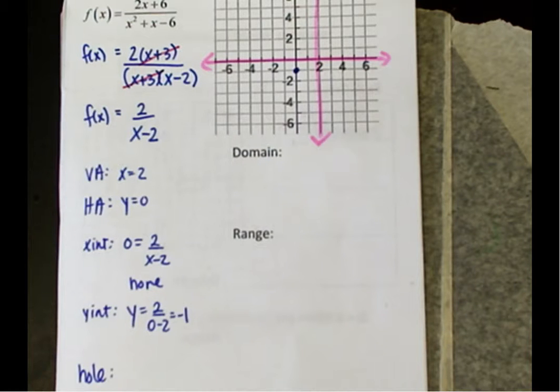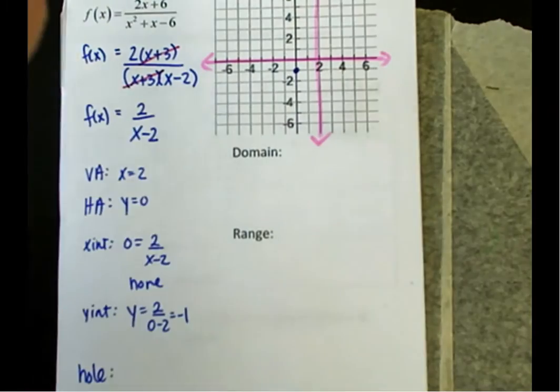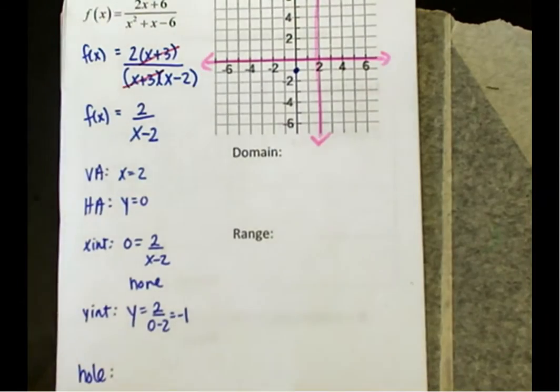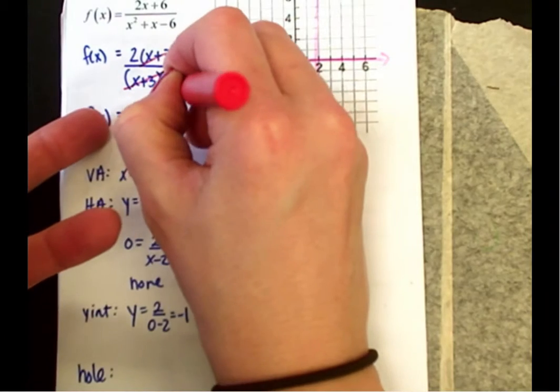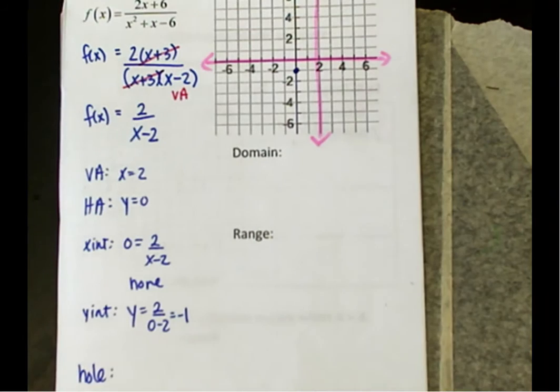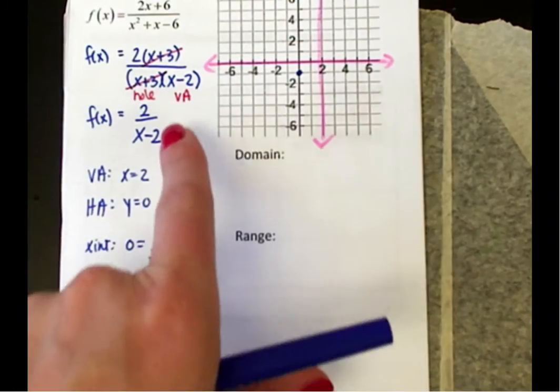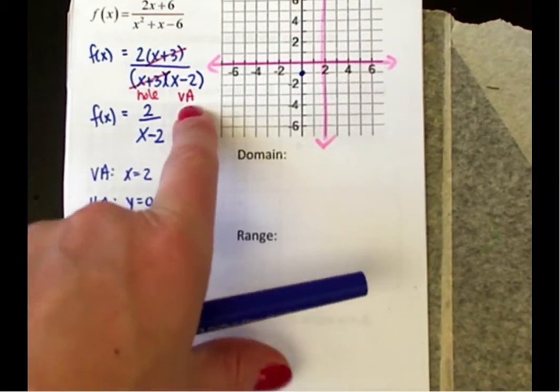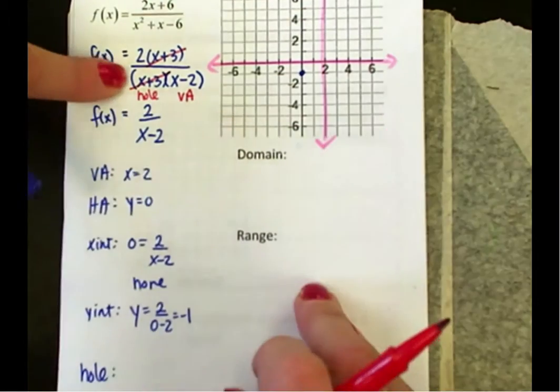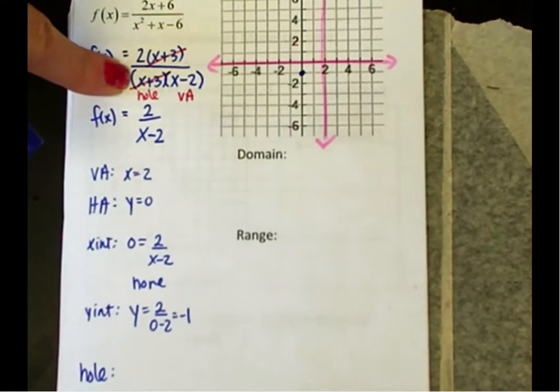Now look at this. This one's a vertical asymptote. This one is the vertical asymptote, the factor of the denominator. This one is the hole. Notice how that gives me the asymptote of +2. It's opposite. Same reason. This gives me an x-coordinate of -3. It's opposite.